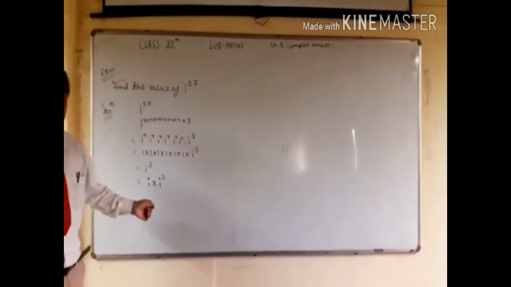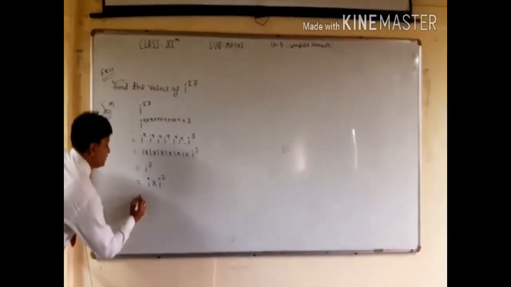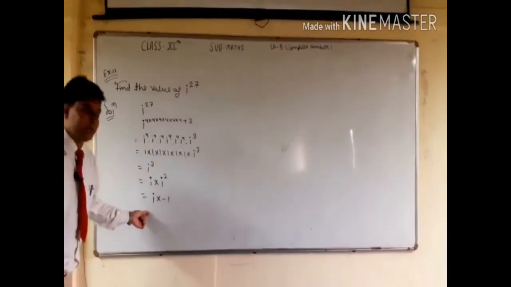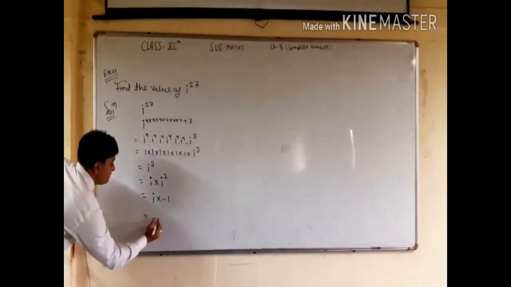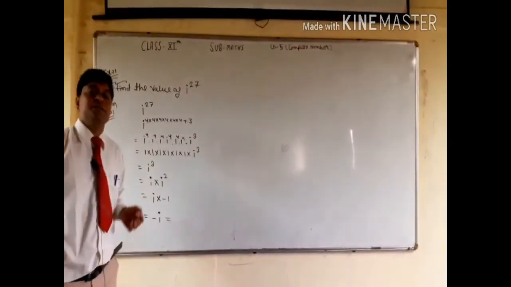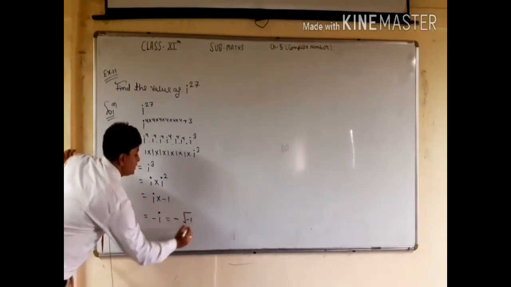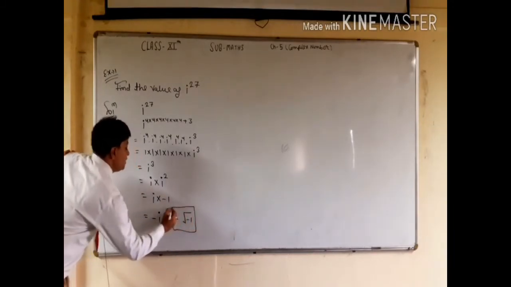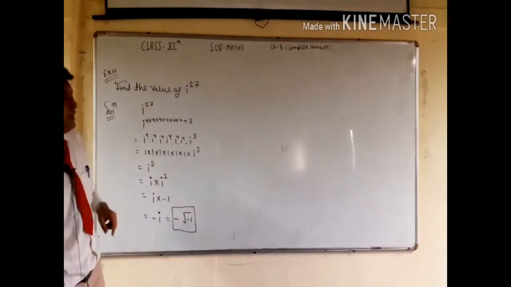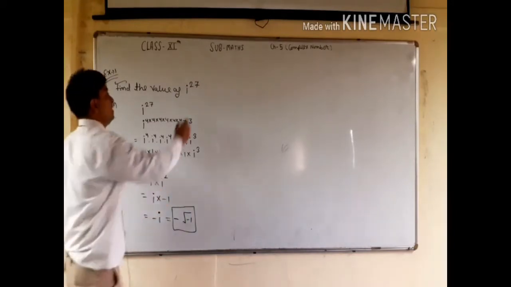And we know that value of iota square is -1. So -1 is multiplied by iota, then we find minus iota, and value of iota is root -1. So the answer is minus root -1. So the answer of iota power 27 is equal to minus root -1.